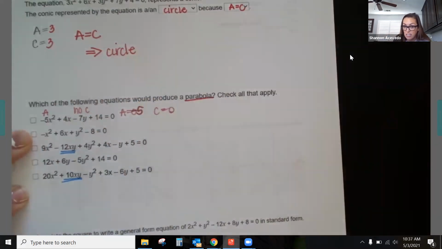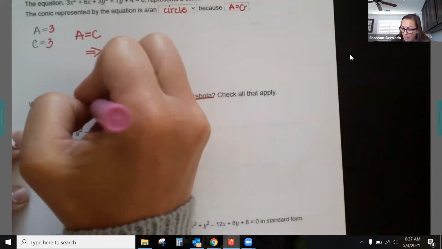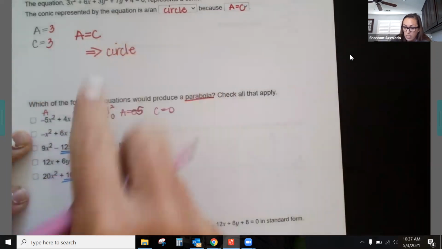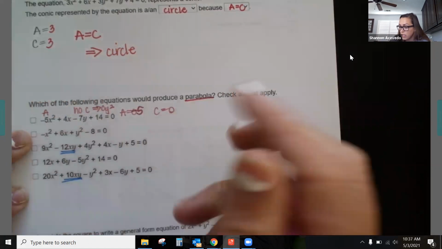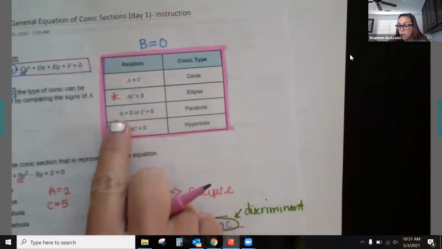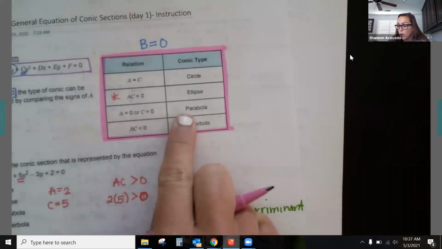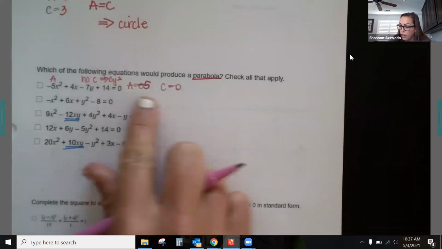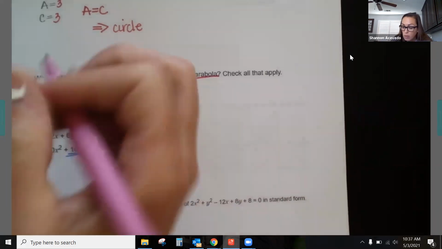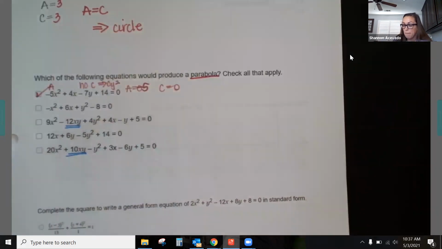It doesn't exist. It's like saying I have 0 Y squareds here. We don't need to show that. So my C is equal to 0. If A is equal to 0 or C is equal to 0, it is a parabola. And when we're talking about this one right here, my C is equal to 0, so this is a parabola.